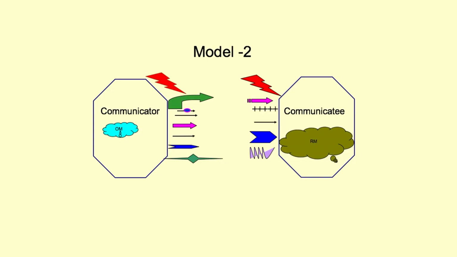Therefore, the array of signs the communicatee perceives and decodes is vastly different from the array of signs the communicator actually put out or transmitted. And the communicatee decodes the array he or she perceives, and meaning is made according to that decoding.